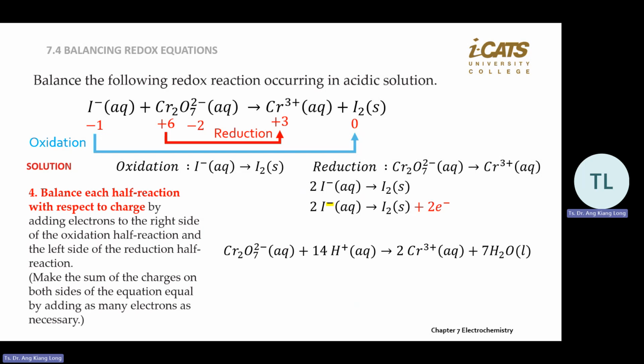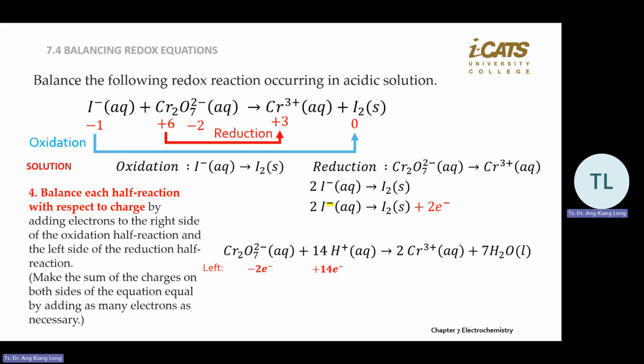Just to remember. Then this one a bit long for Cr2O7, that half equation. You need to calculate one by one what are the charges you have. So this one, 2 negative, you need to release 2 electrons to become neutral. H plus, you need to add electron to become H neutral.